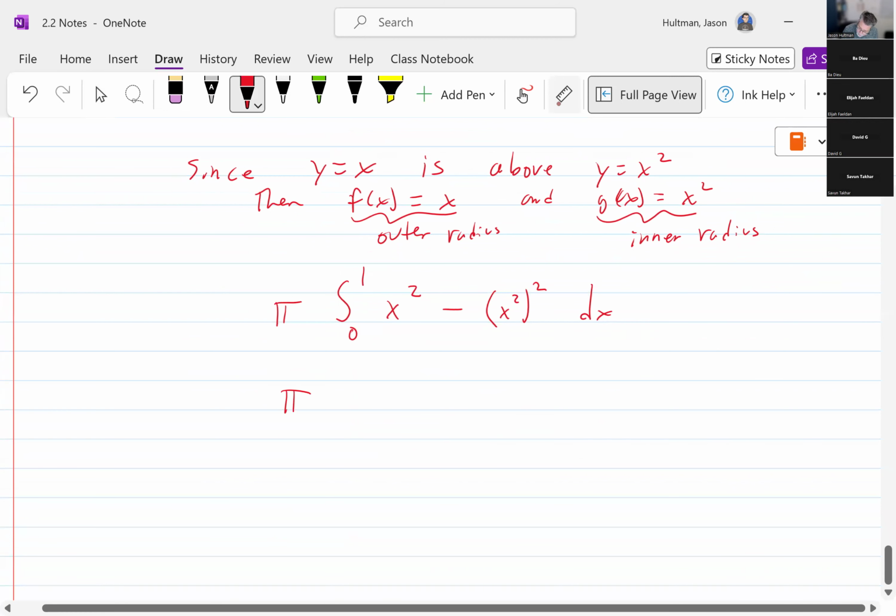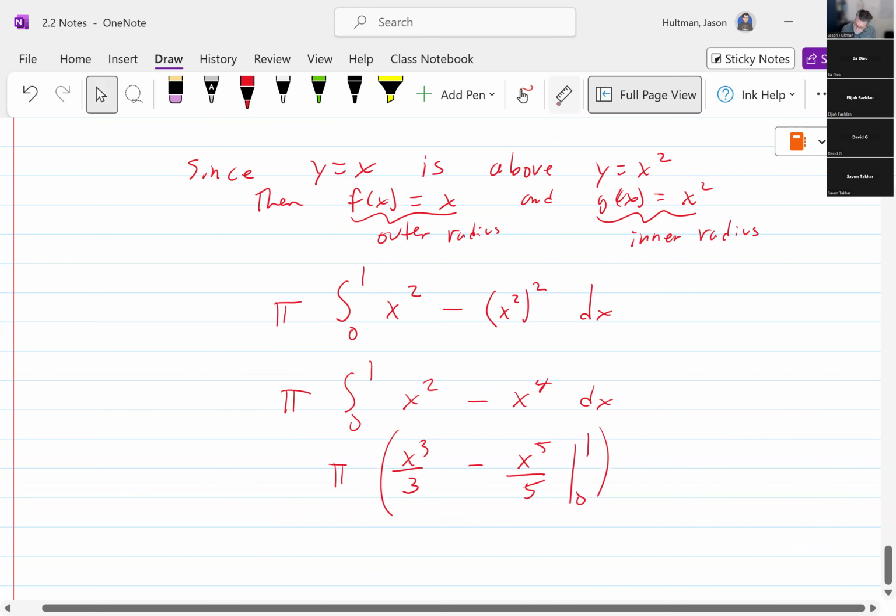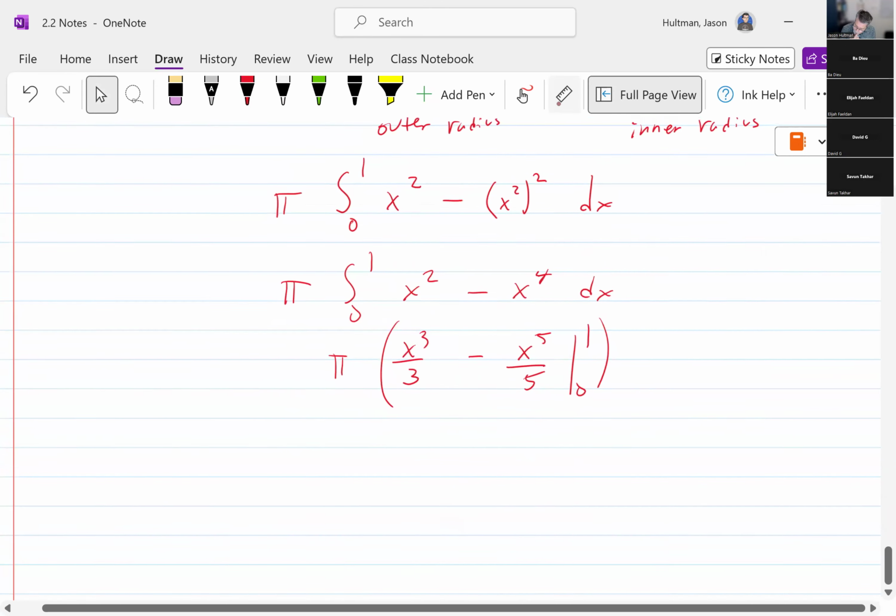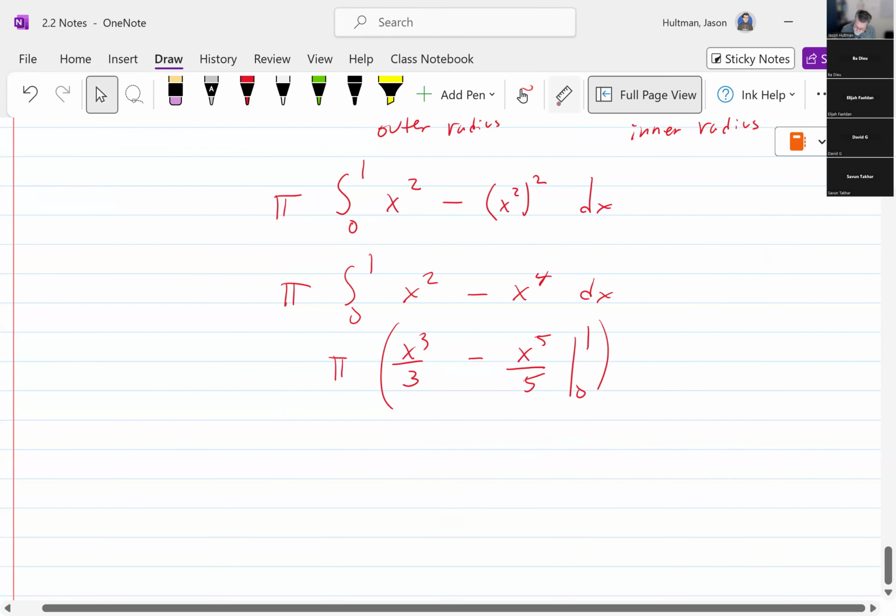It's going to become pi times the integral from 0 to 1 of x squared minus x to the 4th dx. Okay, now let's integrate. This is x cubed over 3 minus x to the 5th over 5 from 0 to 1, and that's all going to be multiplied by pi at the very end.